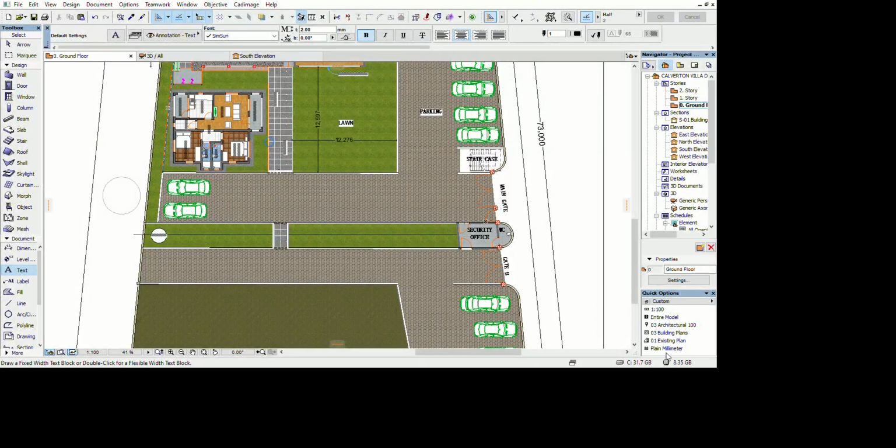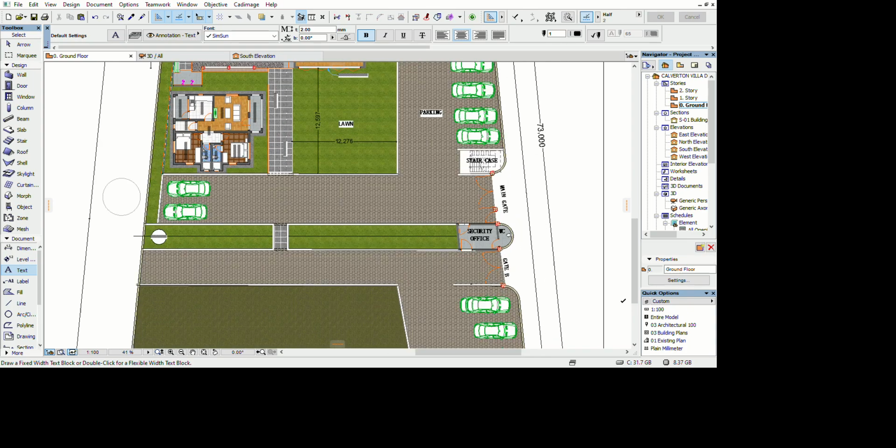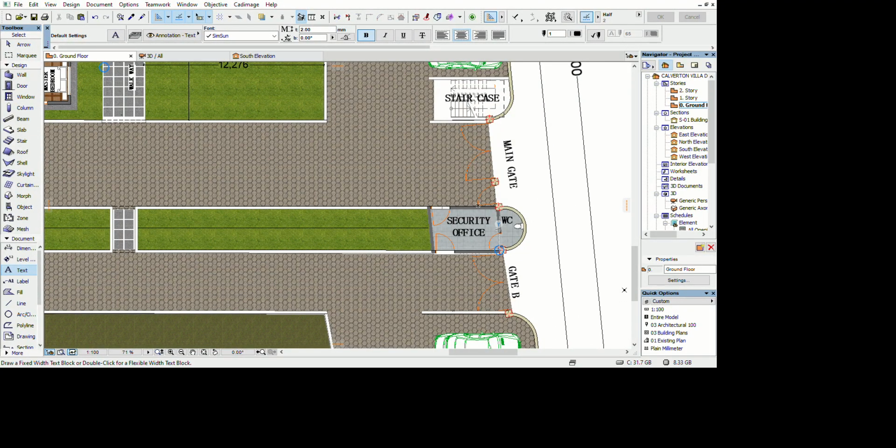So the gate B was moved closer to the main gate from where it was, and these two, the main gate and the gate B, have been combined together to form a complex gate that has on top of it a restroom for the security officers, and on the second floor, it has a watchtower.